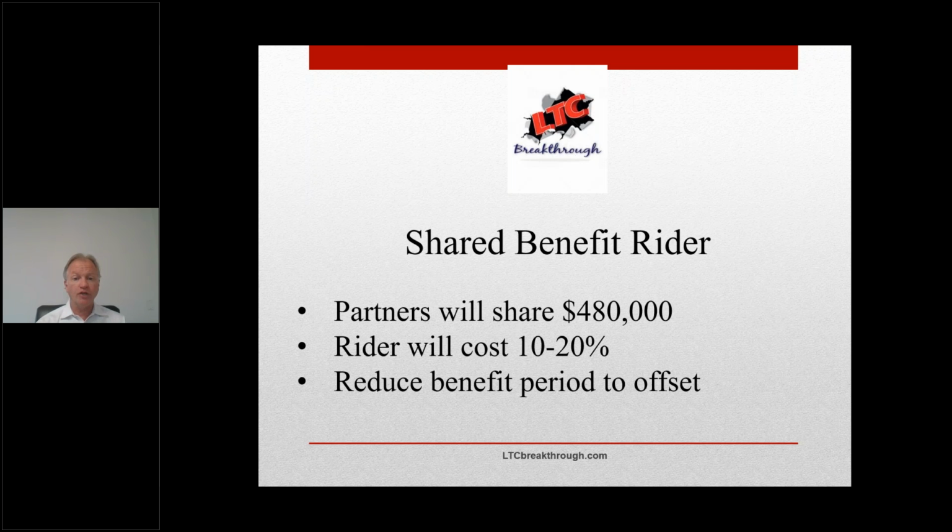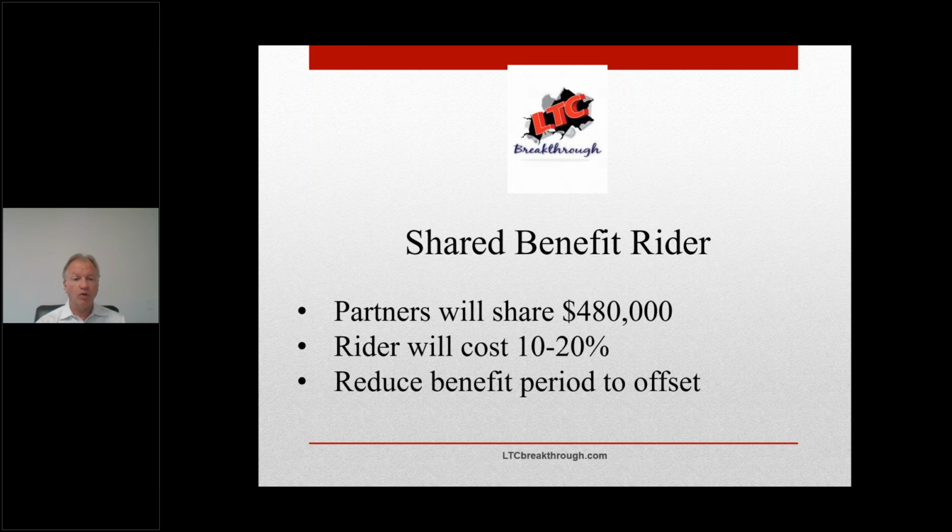Now the rider's not free. It generally will add about 10 to 20% to the premium, and that depends on your total lifetime maximum as to how much this rider will cost. But you can offset some of that cost by reducing your benefit periods.